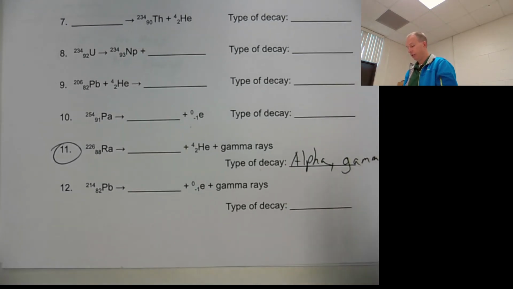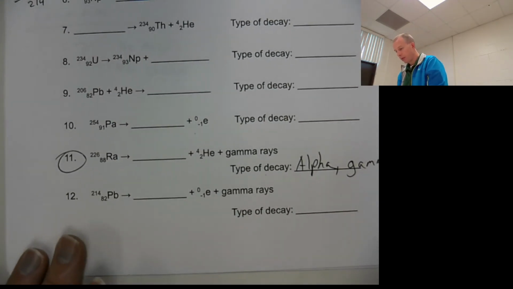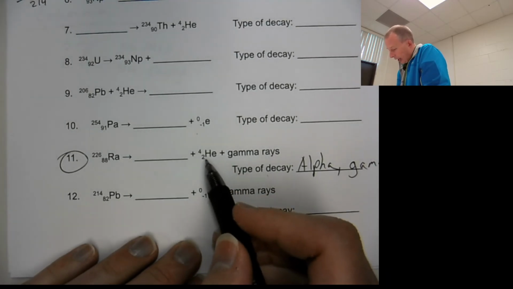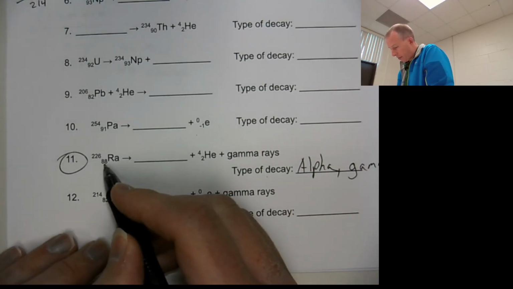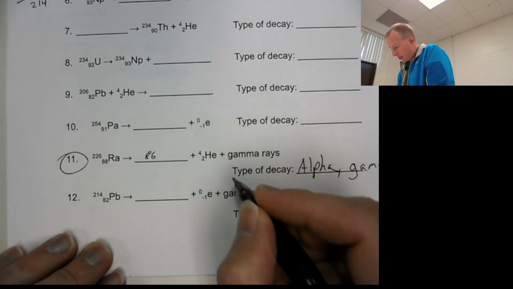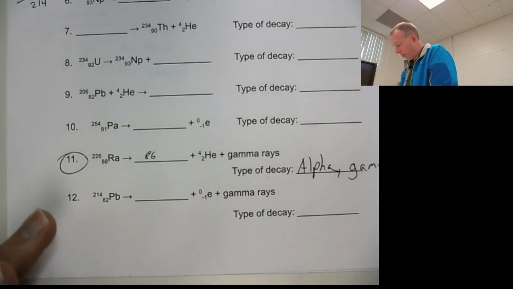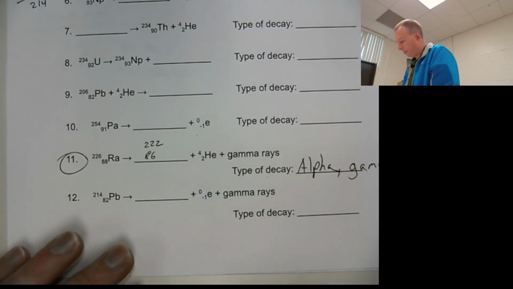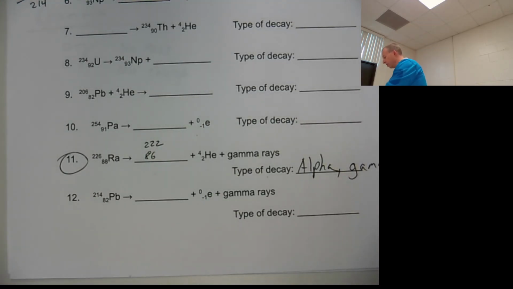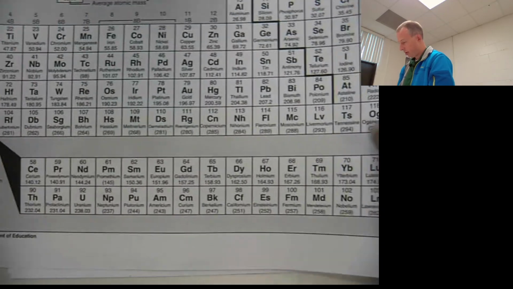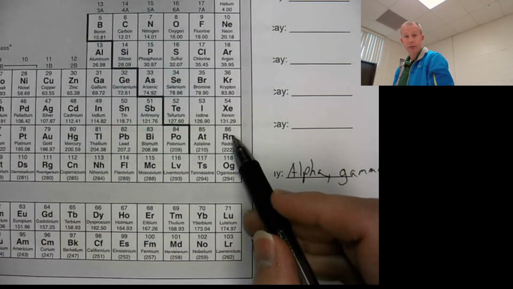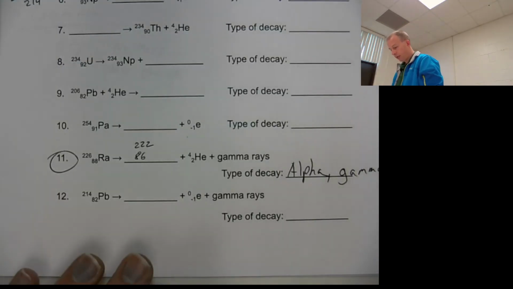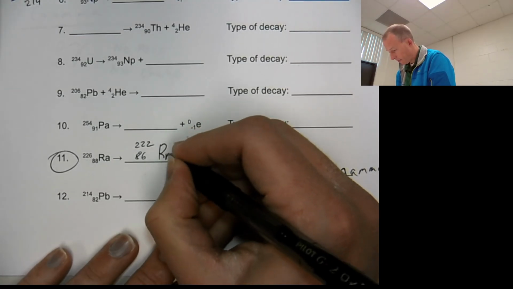As far as actually solving this one, you would just say, all right, I lost 2 protons, so I'm going to go from 88 to 86, and then I lost a mass number of 4, so we're going to go 226 to 222. So what is our atomic number? What is 86? So 86 is radon. So make sure you write that out.